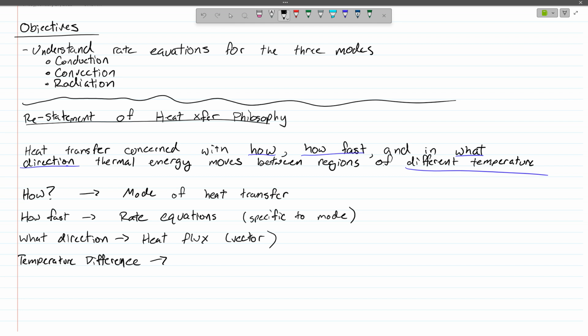The thermal energy has to flow from hotter regions to colder regions. And so this is where we connect it all with the broader engineering world, because this is our description of the environment under consideration. All right.